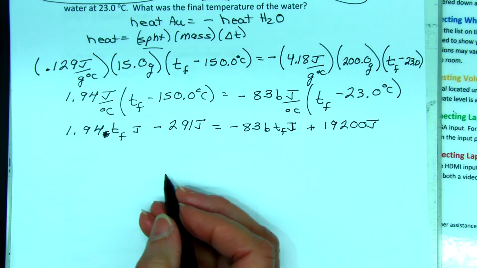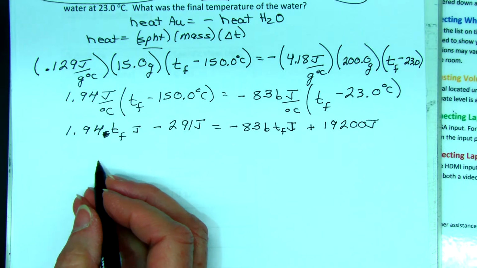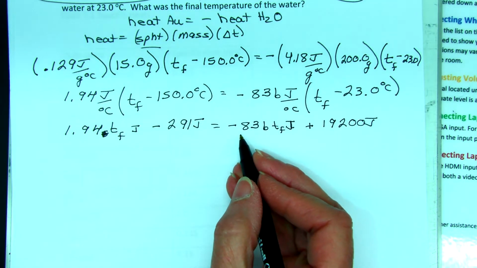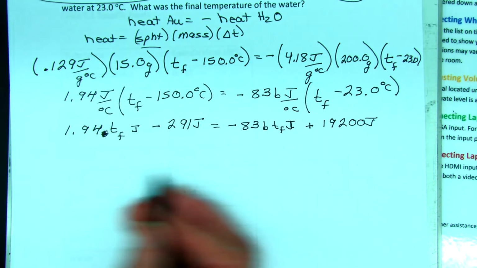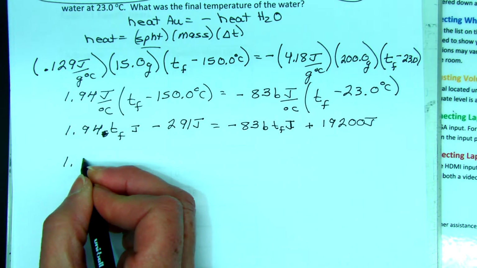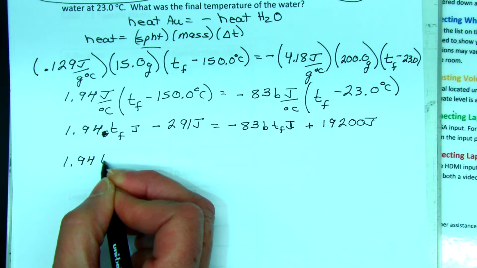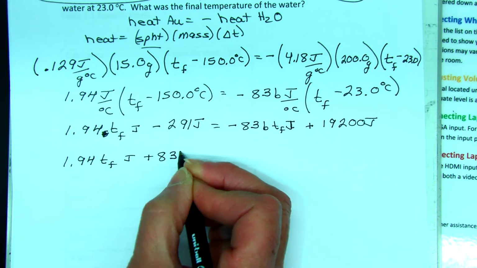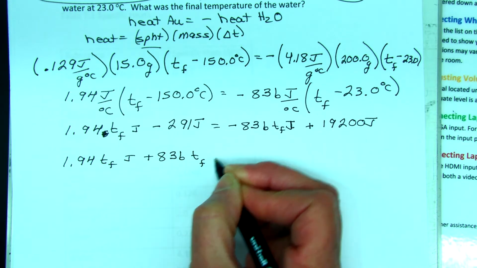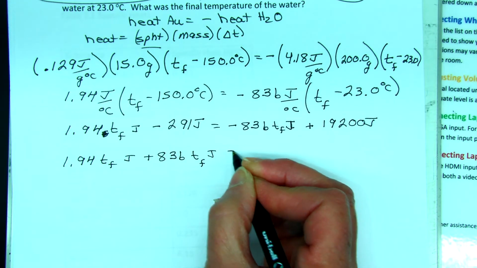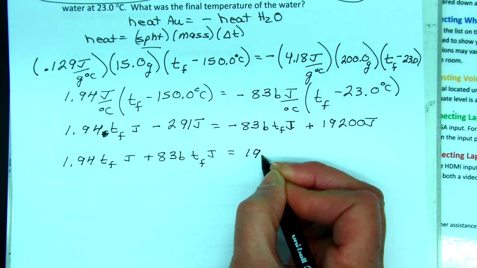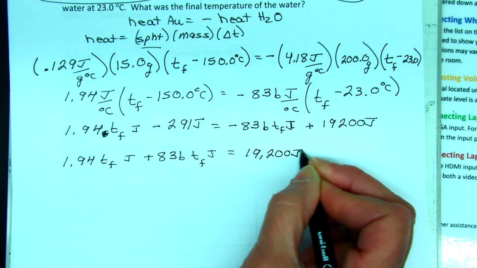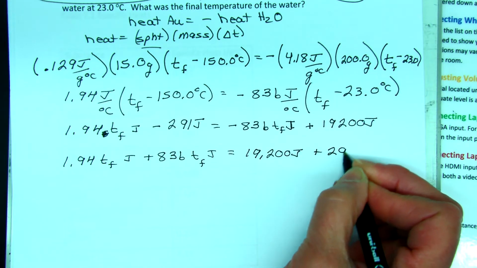to get everything on the same side. So I'm going to start by adding 836 T sub F joules to this side. So 1.94 times T sub F with units of joules plus 836 times T sub F in units of joules is equal to 19,200 joules plus 291 joules.